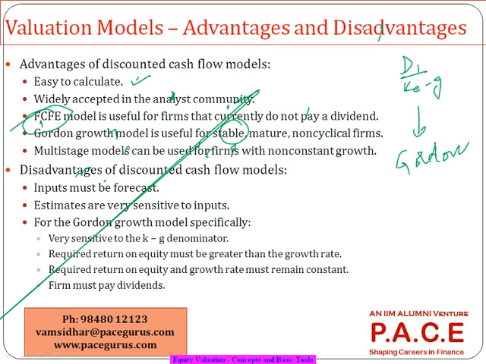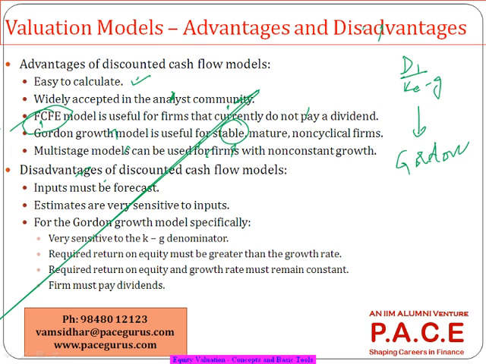So the Gordon model is directly applicable for an industry which is more stable, more matured, which can grow constantly, with no sudden rise or sudden fall. There we can use Gordon. Whereas for some other industries, we can think of using either the 2 stage or 3 stage model, depending on what stage in the life cycle of the industry they are currently in.